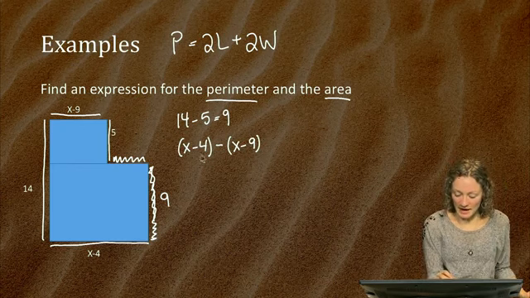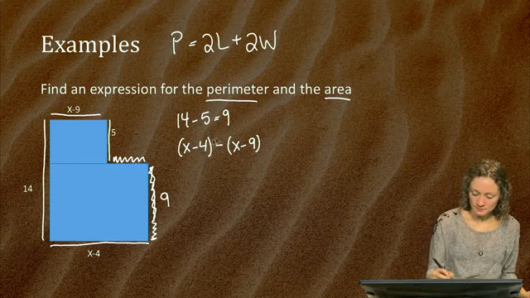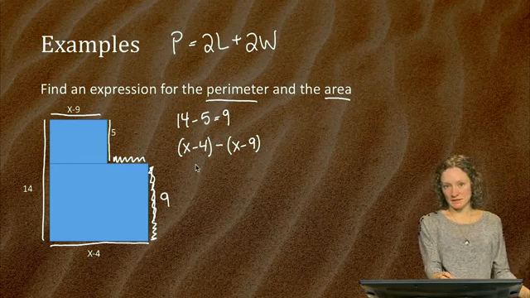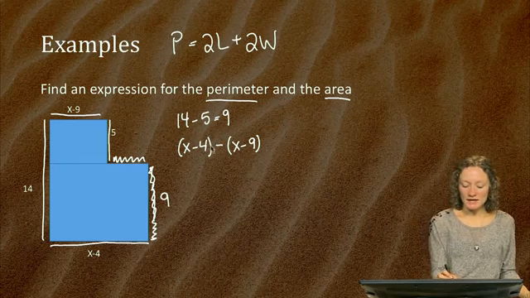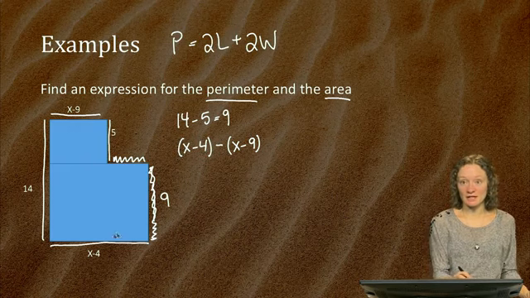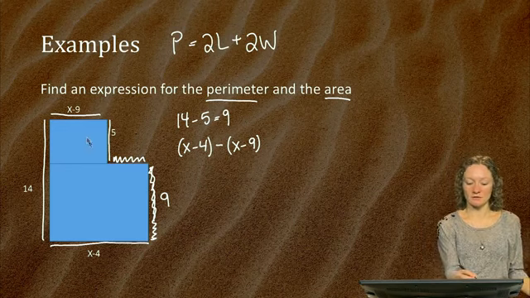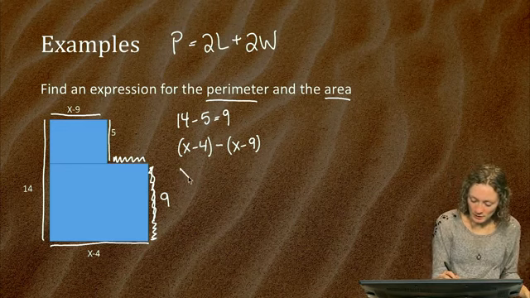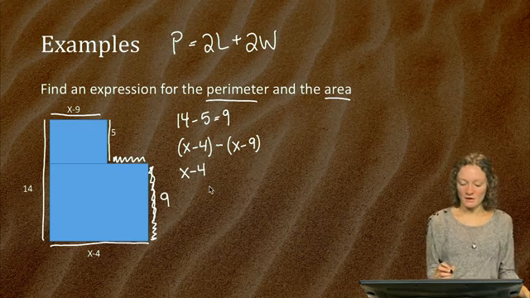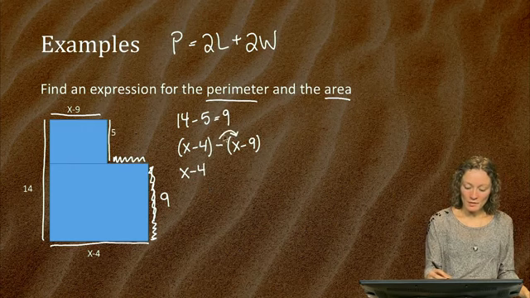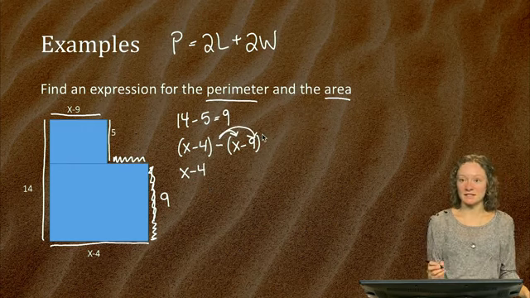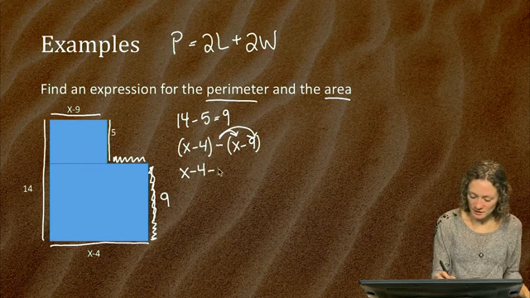Okay, if we have this expression, the first one doesn't necessarily need to have the parentheses. It's there so that we can see very clearly exactly where it's coming from. This is a package deal that we started with, and we're subtracting out a package deal from the top. So we can, in our next line, kind of clear that out. But if the whole top piece is being subtracted, then we need to distribute that negative.